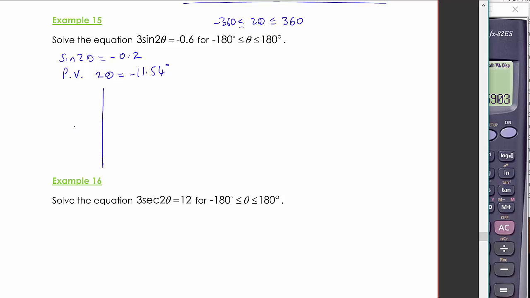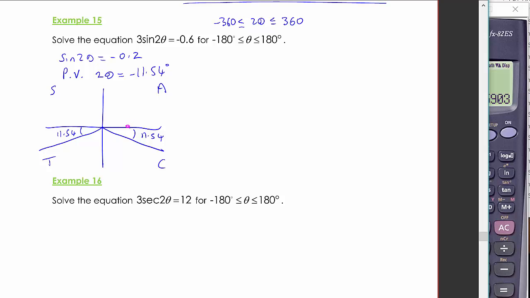So let's think about the CAST diagram. That very first angle is here, 11.54, negative, so it's down that way from 0. And the other one for a sine would be here. So that would be 11.54. And we're starting from negative 360 and going twice round.